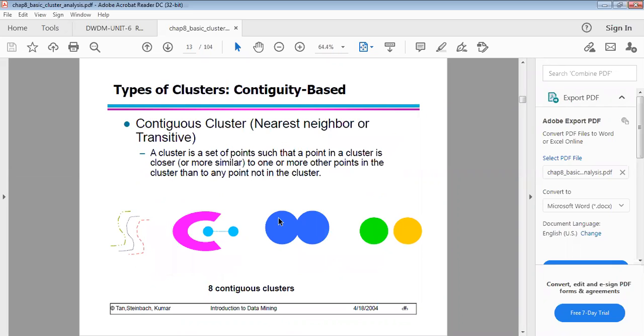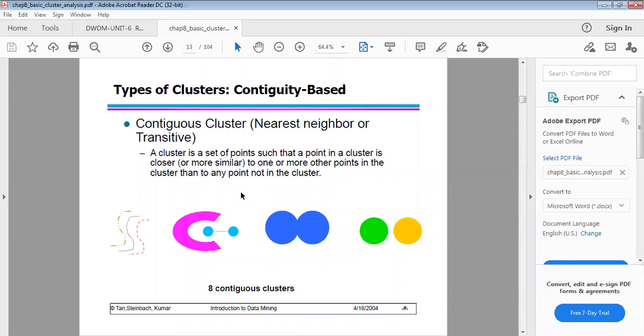Next, contiguous clusters, based on the nearest neighbor. For example, one data point is represented here and its nearest data point, but compared to its own center, another cluster center is nearer. So that is the contiguous nearest neighborhood, represented as transitive.